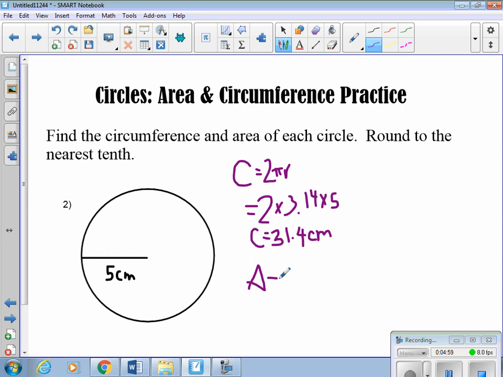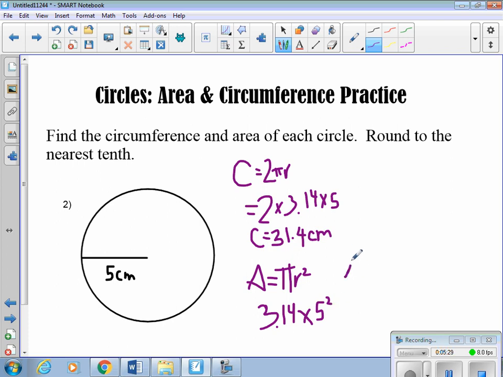Area again is pi r squared. So I'm going to do 3.14 times 5 squared. The first thing I need to do is square 5. 5 times 5 is 25. Then I'm going to do 25 times 3.14.